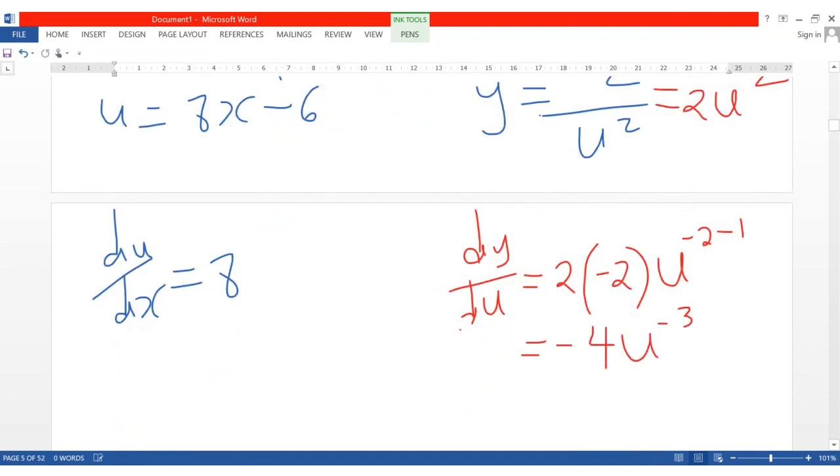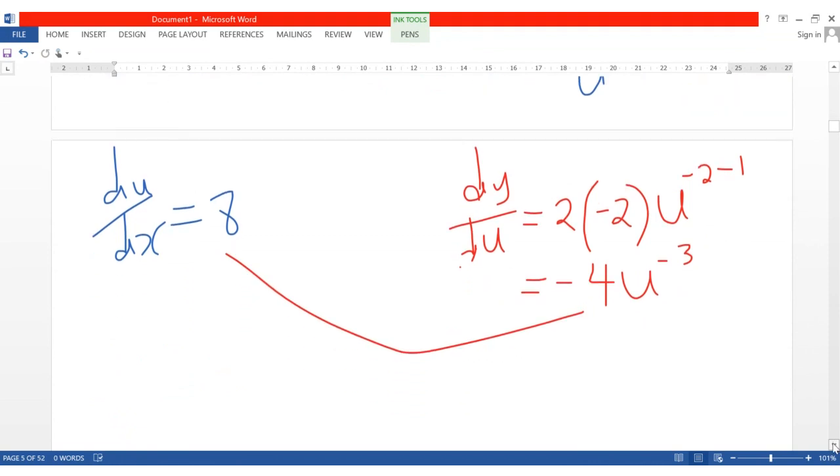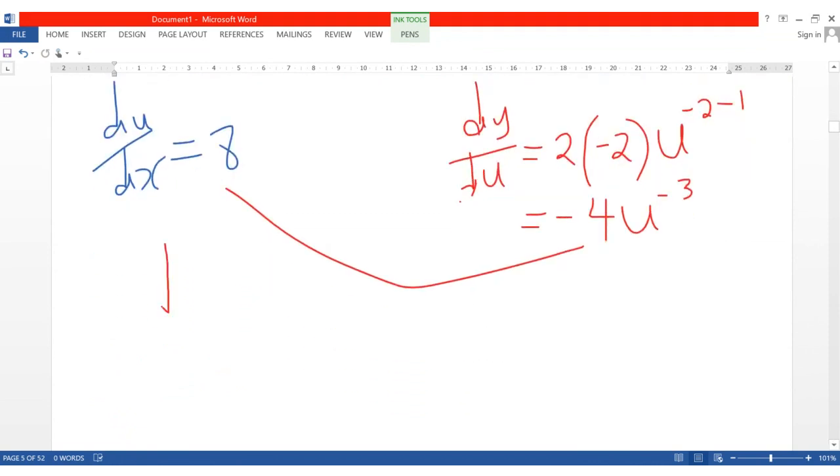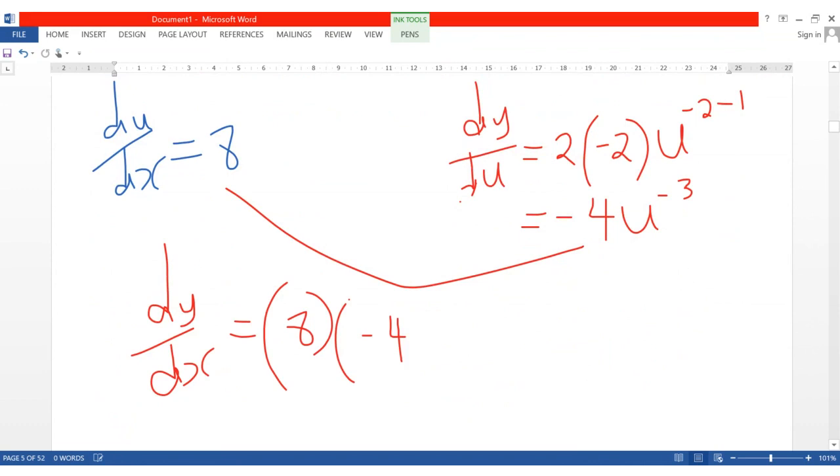Now I need to multiply this one and that one, and then replace back the value of u, which is 8x minus 6. So dy over dx will be given by 8 times negative 4u to the negative 3. 8 times negative 4 is negative 32, u raised to negative 3.